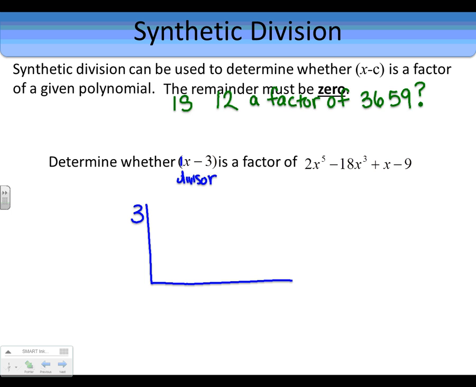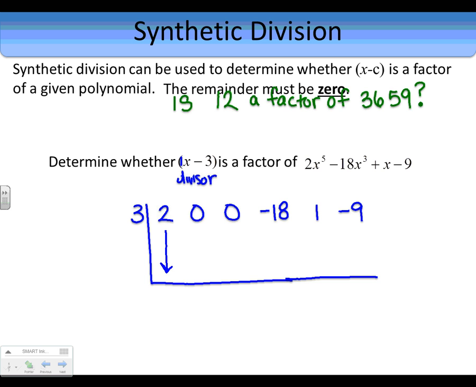Now notice in my dividend, I start with an x to the 5th and skip to x cubed. So we're going to fill in zeros in place of the missing x to the 4th and x squared. So 2, 0, 0, negative 18, 1, and negative 9. In synthetic division, you need to be sure to put those zeros in, otherwise it's not going to work. So if you have any missing terms, make sure you fill in zeros for those coefficients.